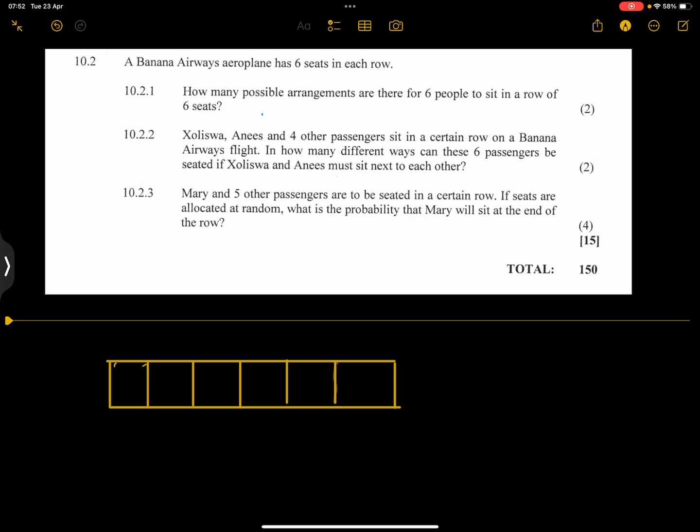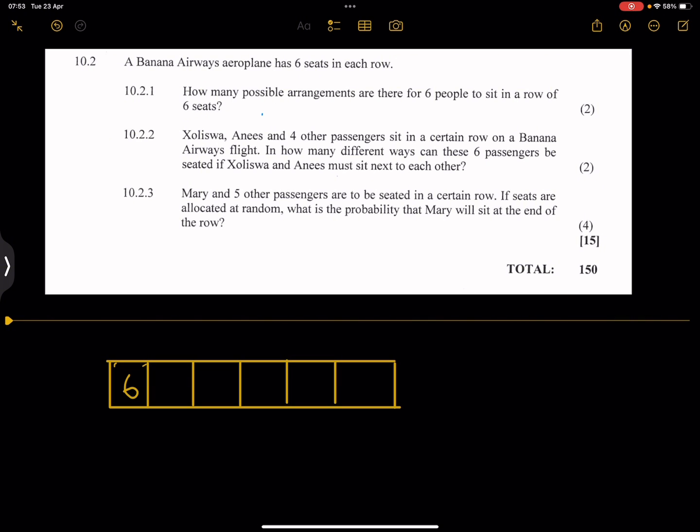Okay, so we've got 6 seats in a row, and they say how many possible arrangements are there for 6 people to sit in a row of 6 seats. Now remember, you've got 6 people and you've got 6 seats, right? So remember, in your first seat, what's the number of people that you have available? You've got all 6 of them that you can place there, right?